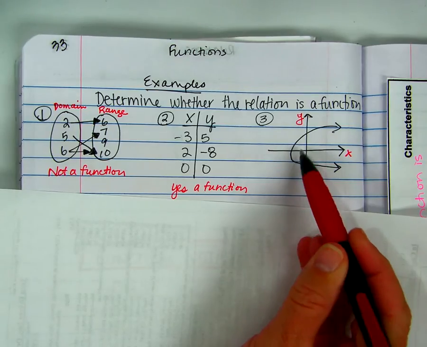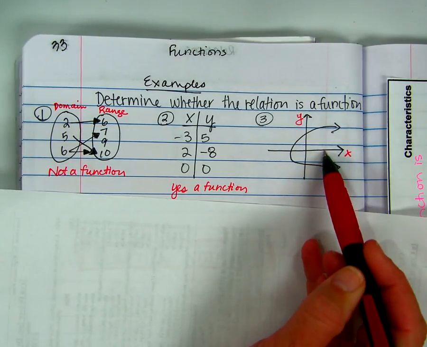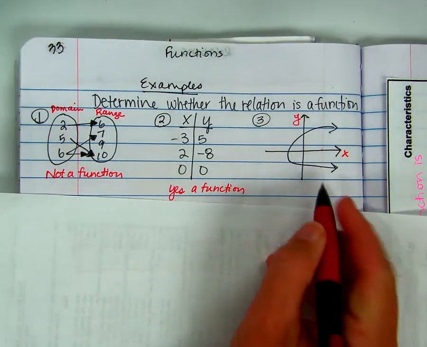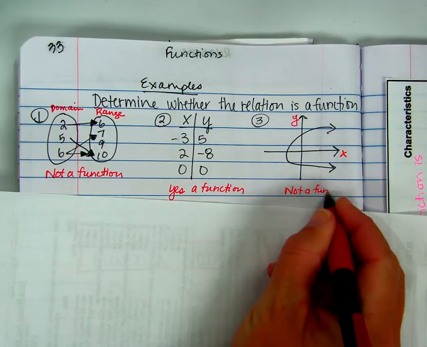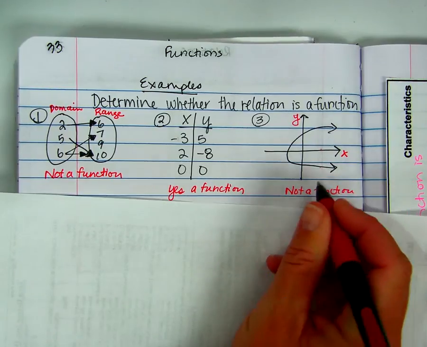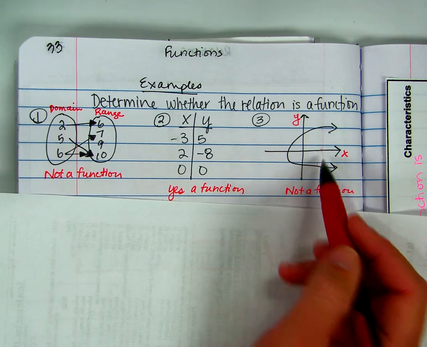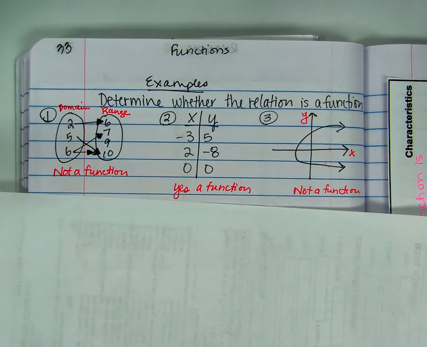I'd have one down here and one up here, so I'd have 2. Or if I had an x value over here, again, I'd have one value up here and another down here. This is not a function, because I can have 2 y values for every x value here. So if I look at this graph, it's not a function.